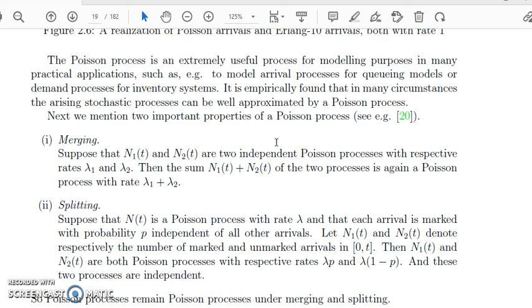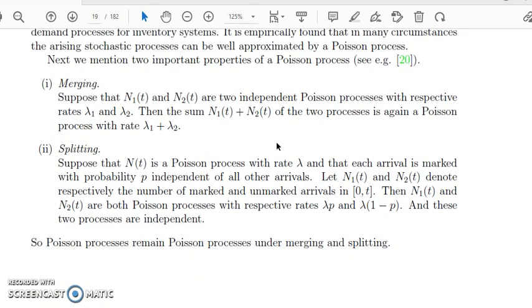For splitting, suppose N(t) is a Poisson process with rate lambda, and each arrival is marked with probability p, independent of all other arrivals. Let N1 and N2 denote respectively the number of marked and unmarked arrivals in time 0 to t.